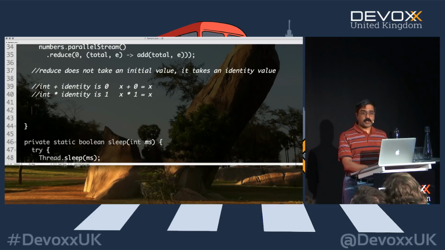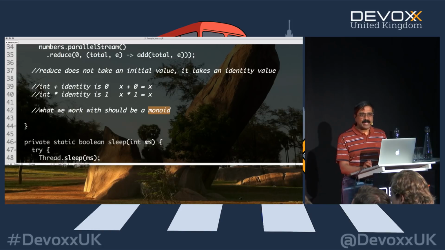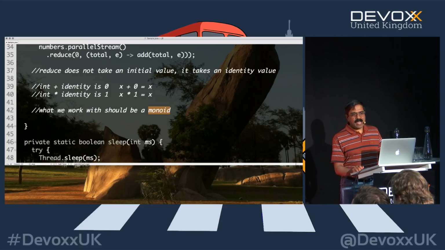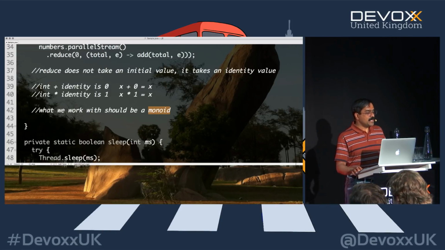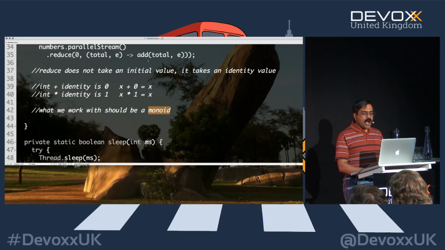Not intending to throw terms at you, but the next question is, what we work with should be a monoid. So what does it really mean? Well, a monoid really has a few requirements. The requirements are that A, there is an identity value, and B, that the operations you perform will result in a value which belongs to the original set as well.